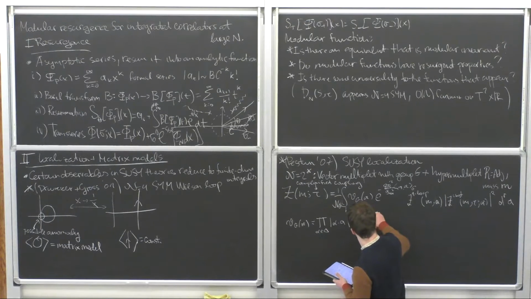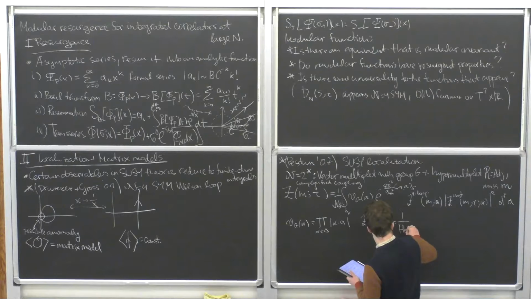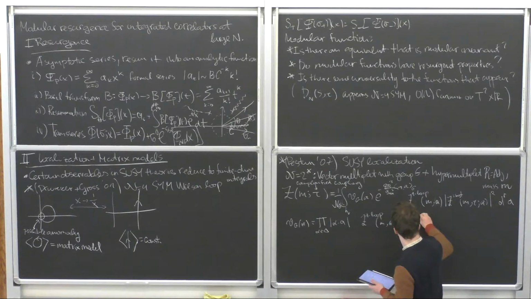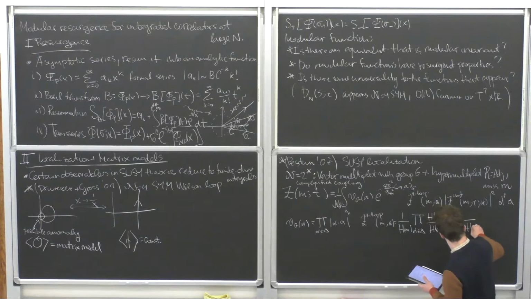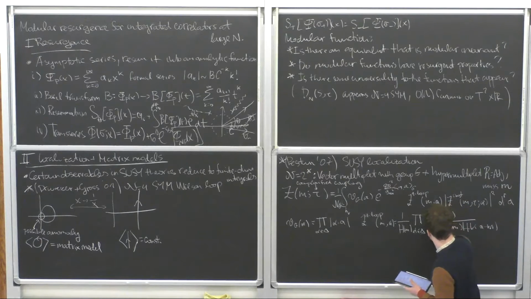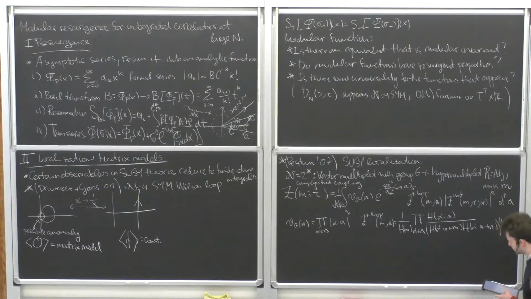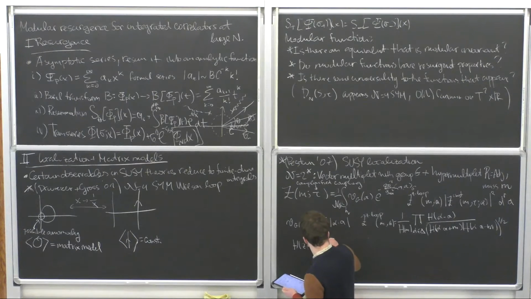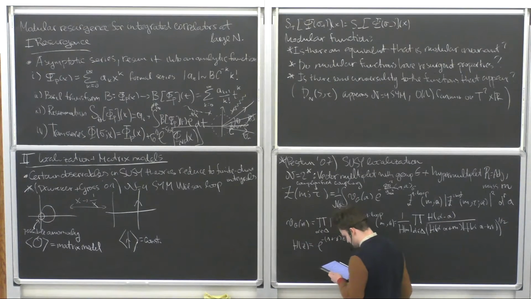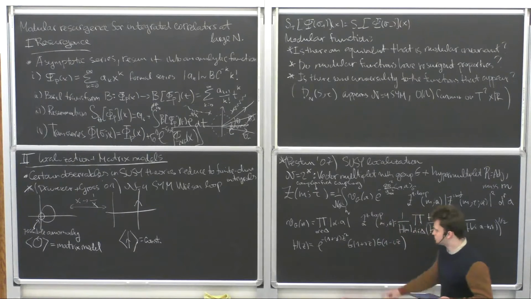This one loop piece is given by some complicated product again, where now we introduce this function H, H(alpha dot a) divided by H(alpha dot a plus m) H(alpha dot a minus m), all raised to the power 1/2, where this function H(z) is given by e to the minus (1 plus gamma) z squared times G(1 plus iz) G(1 minus iz), where this G is the Barnes G function.